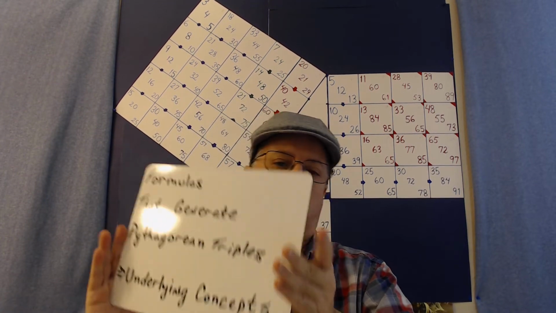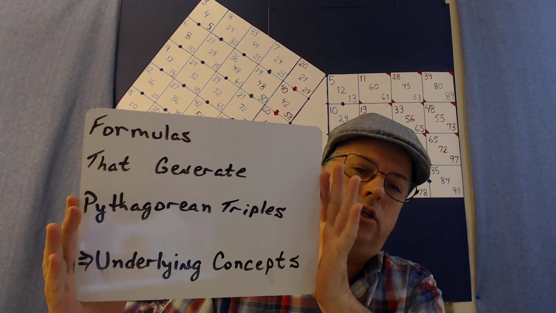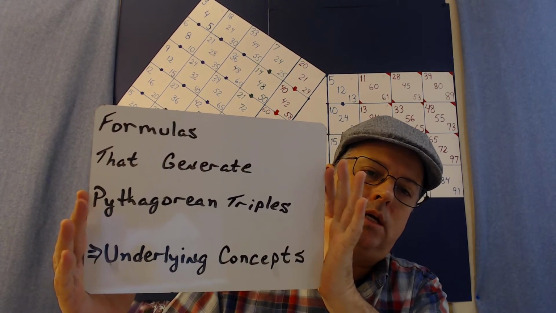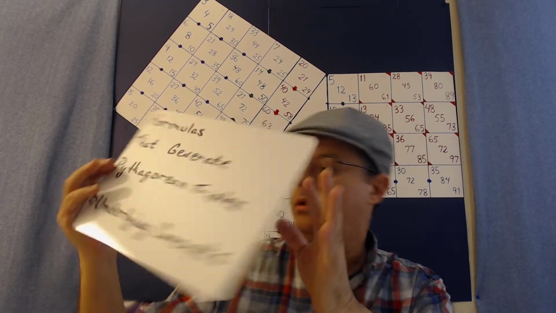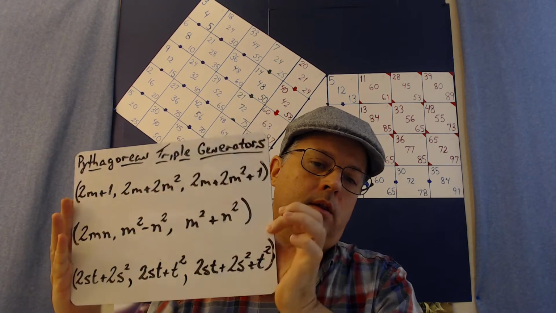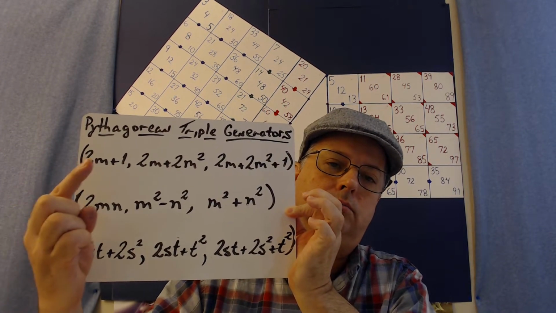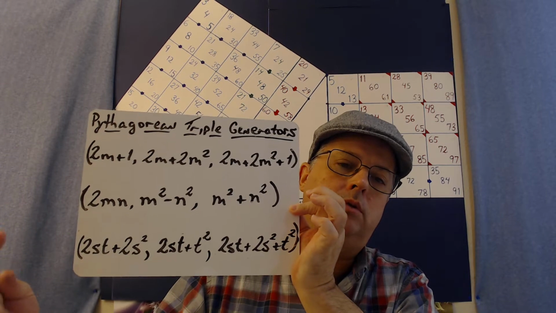Alright, now in this series of videos we've been talking about formulas that generate Pythagorean triples and the underlying concepts. And so these are the three formulas that have been previously presented that generate Pythagorean triples.